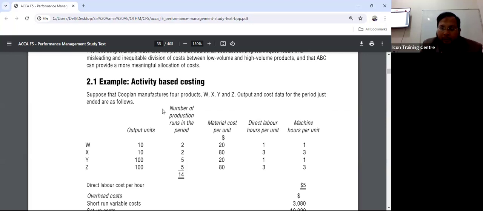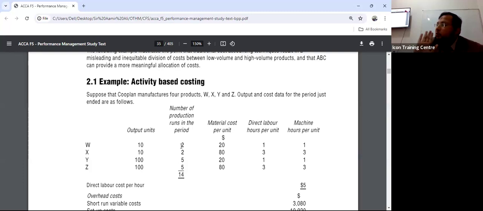Okay, now we have another variable, which is number of production runs in the period. I mean, if we produce that particular product, how many production runs do we need? Production runs mean the number of processes we need to run to produce that product. Now, for W, we need to run how many production runs? 2. For X, 2. For Y and Z, 5 and 5.